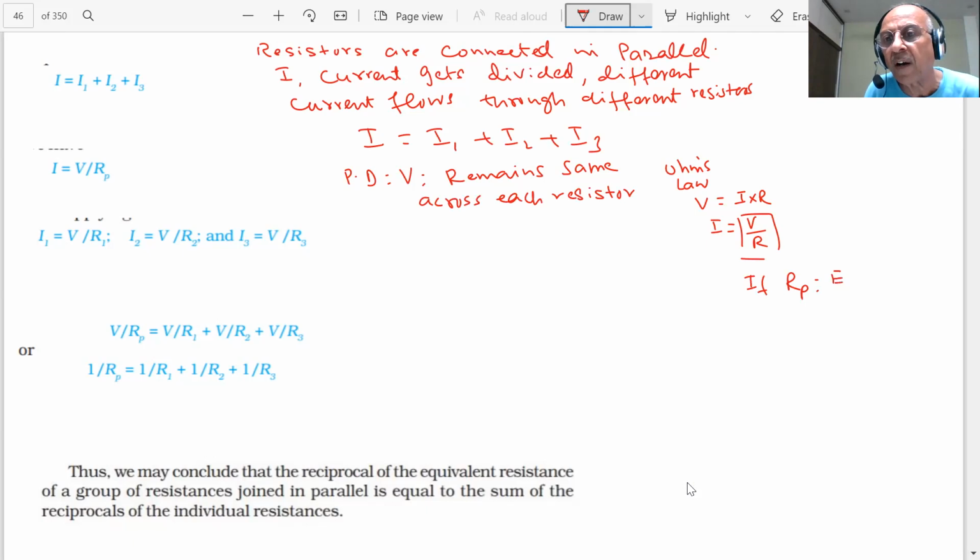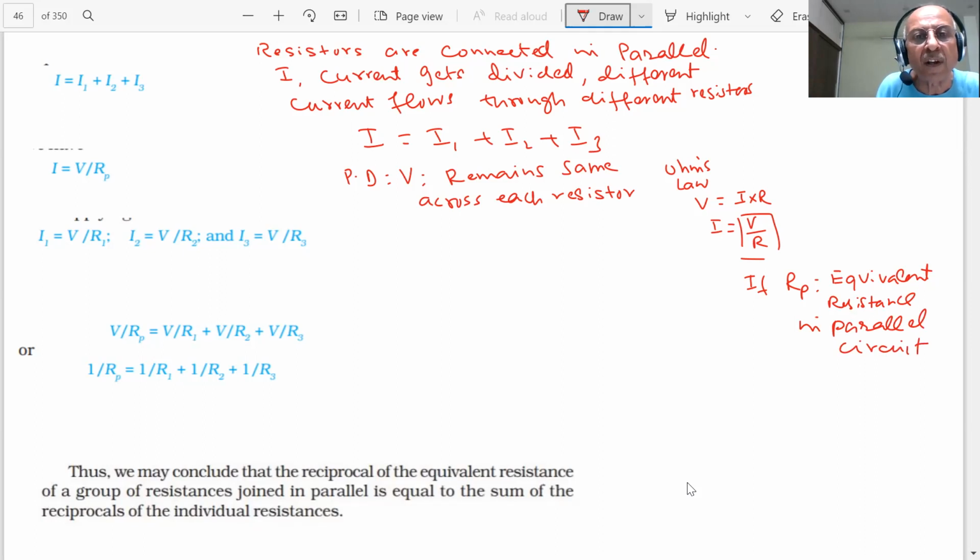If RP is the equivalent resistance in the parallel circuit, then I can say I is equal to V by RP, this is my equation 1. Apply Ohm's law. What will I get? I is equal to V by RP. What is RP? Equivalent resistance of the parallel combination.